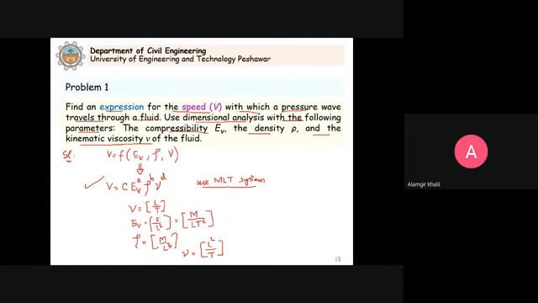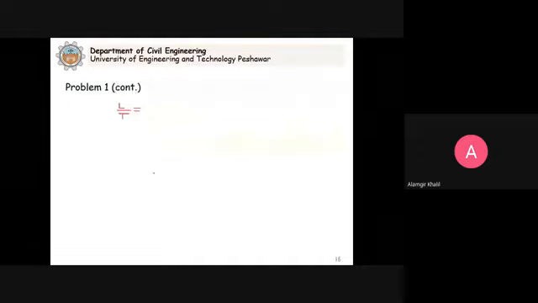Next, we have E_V, so it is M by L T square, power A. Similarly, we have the density, M by L cube, power B, and then L square divided by T, power D.